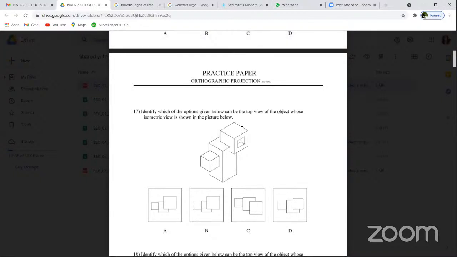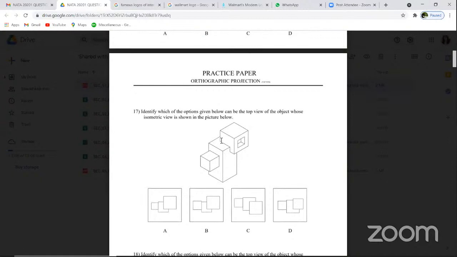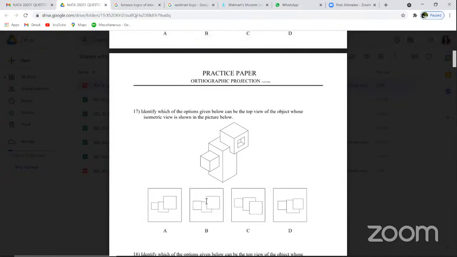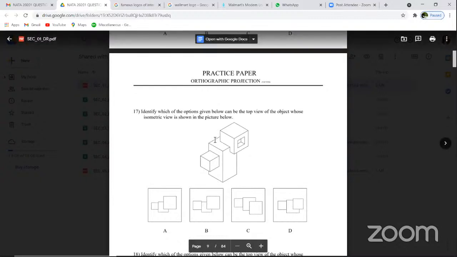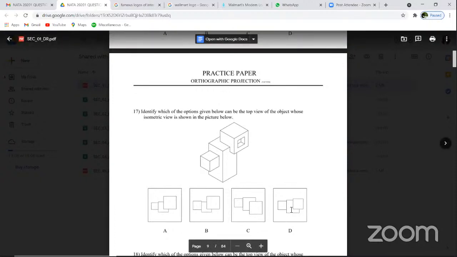From the top, this is the one you see first, whole of it. Here the cuboid is extending above, even further than the cube. This is not correct. For similar reasons, this is also not correct. And here the distance is a little bit, but here it is almost non-existent, almost equal, so that's not true. So C.